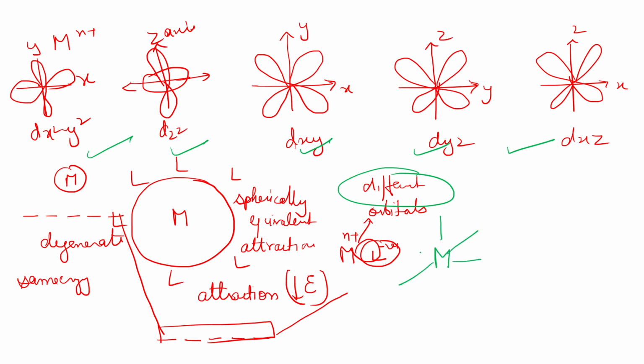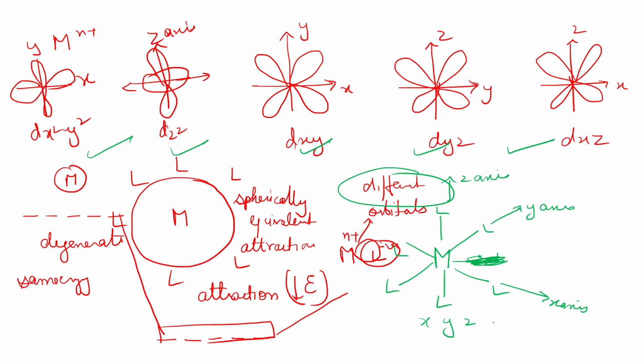Octahedral is formed like this: ligand, ligand, ligand, ligand, ligand, ligand. Let's say this is the x-axis, this is the y-axis, and this is the z-axis. If ligands are forming an octahedral geometry, they are coming from x, y, and z directions.